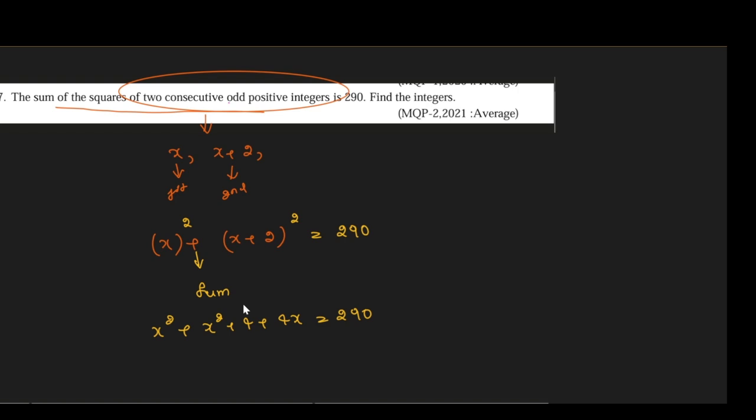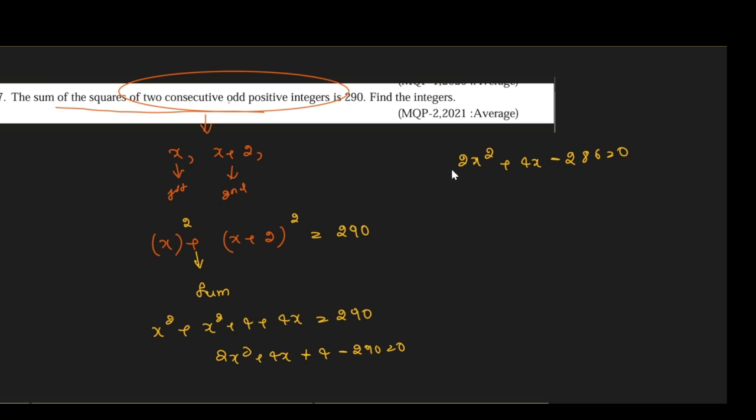Now this is nothing but 2x square plus 4x plus 4 minus 290 is equal to 0. This is 2x square plus 4x minus 286 is equal to 0.